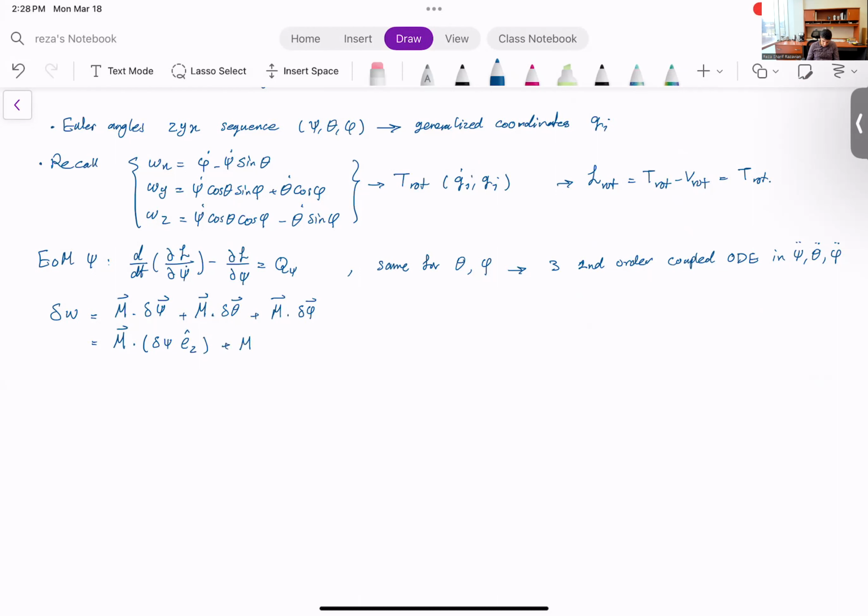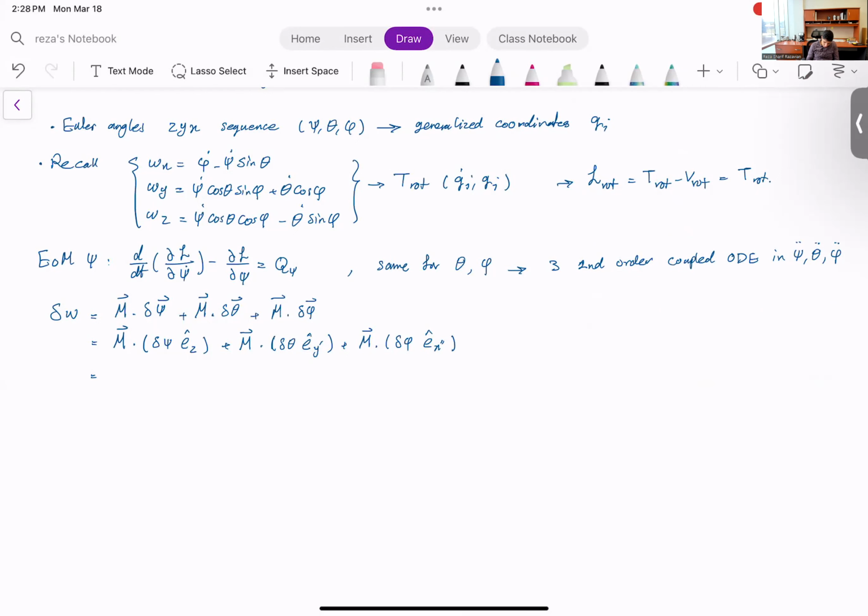Plus, I can do the same thing, M dot delta theta, the scalar value, times the unit vector Ey prime. That's the second axis of rotation, plus M dot delta phi Ex double prime, my third axis of rotation, about the latest x.